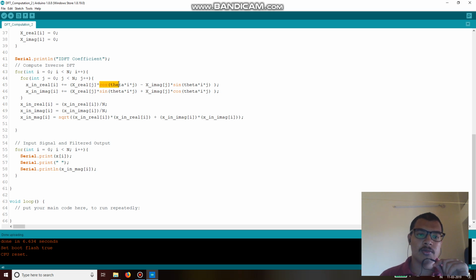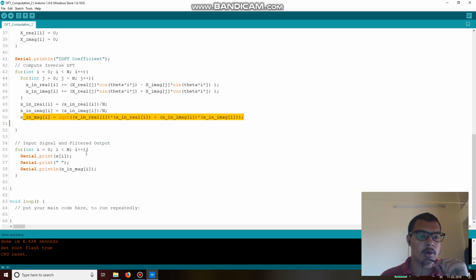The conjugate of the W matrix would be given as this, and also while taking IDFT we have to take the 1 upon n factor into account. So after each loop, we are dividing the elements by n, and thus we would be having x in real and x in imaginary, the IDFT version of the capital X matrix, and then we will be calculating its magnitude.